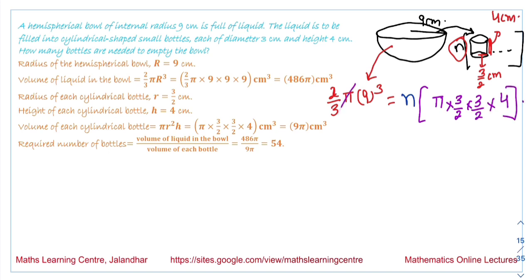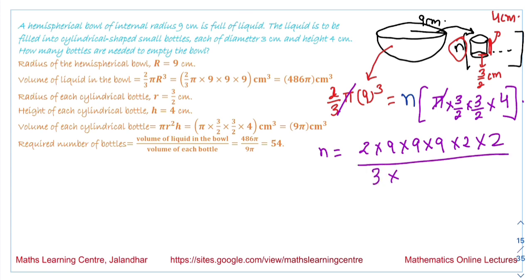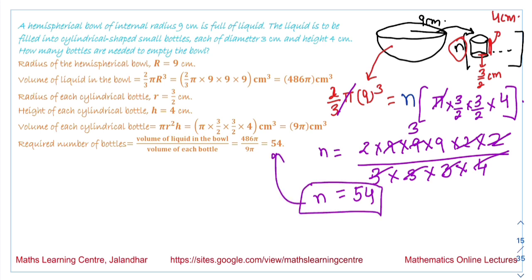So this pi gets cancelled, and the value of n is 2 into 9 into 9 into 9 into 2 into 2 over 3 into 3 into 3 into 4. So these two values get cancelled, these 3s get cancelled, and we are left with 54. So the required number of bottles is equal to 54.